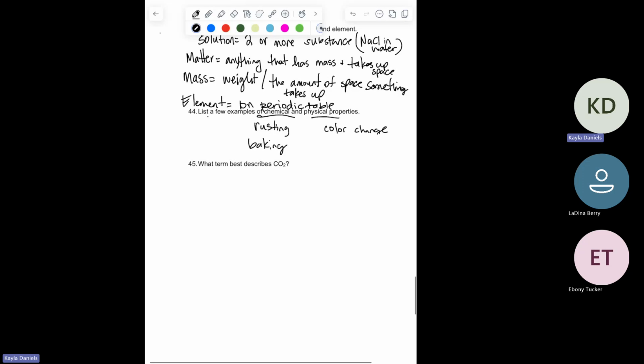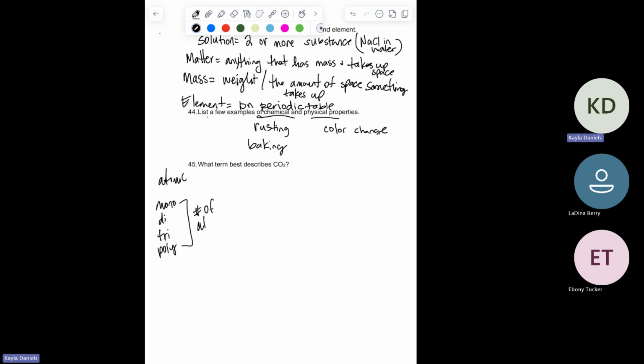All right, and then the term that best describes CO2. This refers to the atomic stuff where you can be monoatomic, diatomic, triatomic, or polyatomic, right? This refers to the number of atoms that you have. And then you can be homoatomic or heteroatomic.